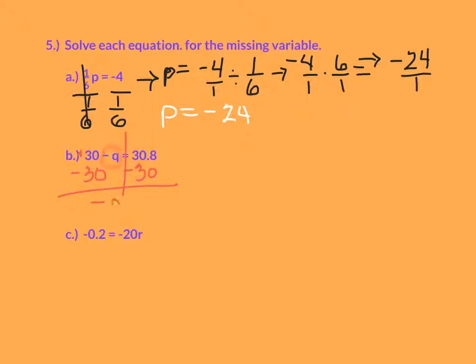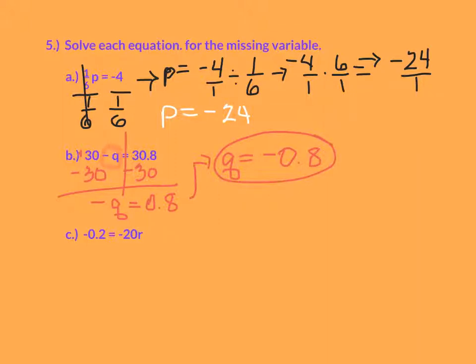So this is now negative Q equals 30.8 minus 30, so I'm just left with 0.8. Now remember that Q right now has the opposite, it's negative Q. So that means the original Q would equal the opposite of 0.8, which is negative 0.8.